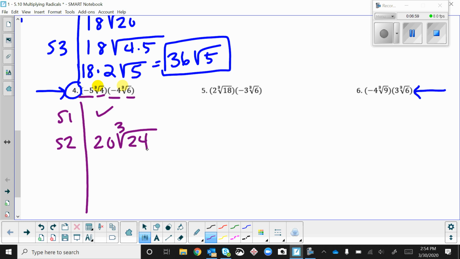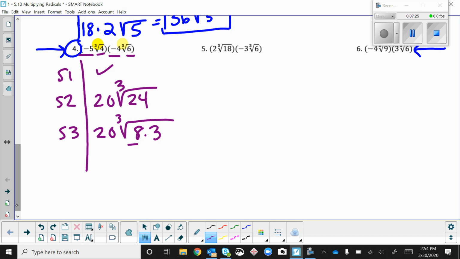And now you try and simplify as possible. Now, what we're looking for here is groups of 3, or things that are a cube root. Now, if you're working ninja style, that would look like this. I know that 8 is a perfect cube, and 8 goes into 24 3 times. I know that the cube root of 8 is 2.